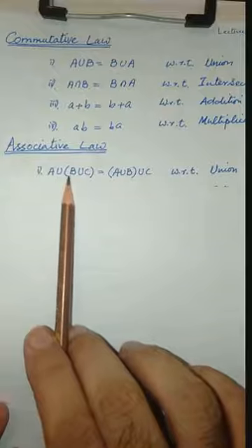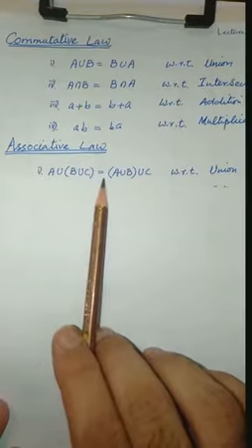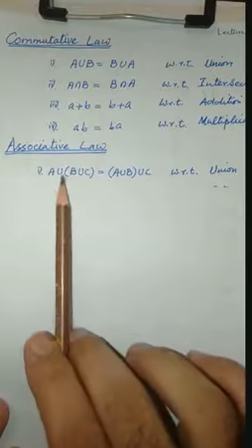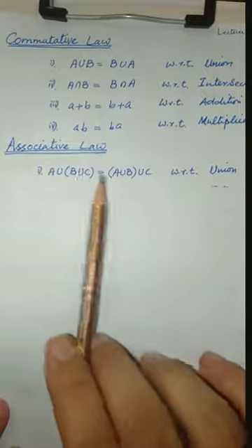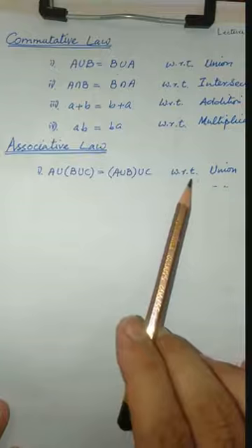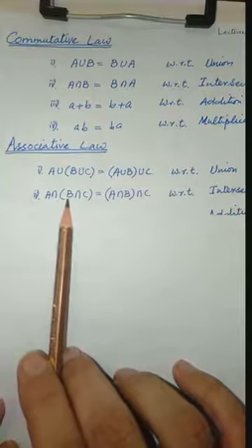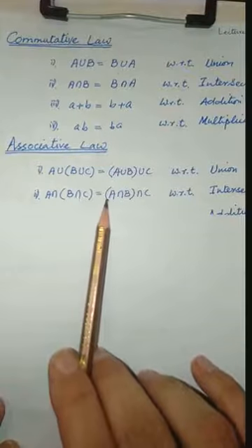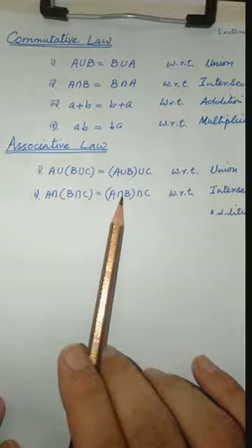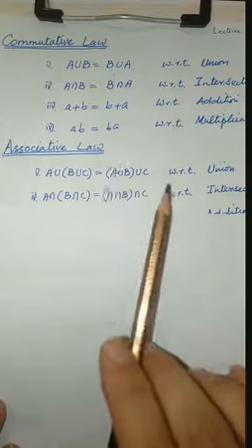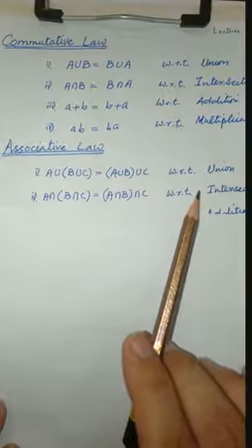A union (B union C) is equal to (A union B) union C. This is called the associative property with respect to union. For intersection, A intersection (B intersection C) is equal to (A intersection B) intersection C. This is called the associative property with respect to intersection.